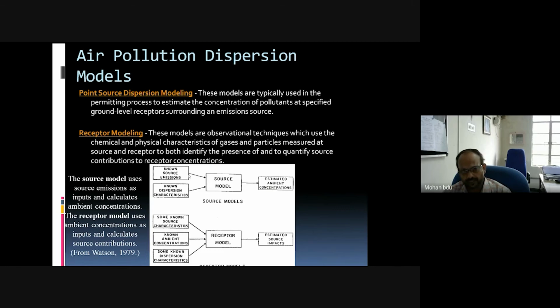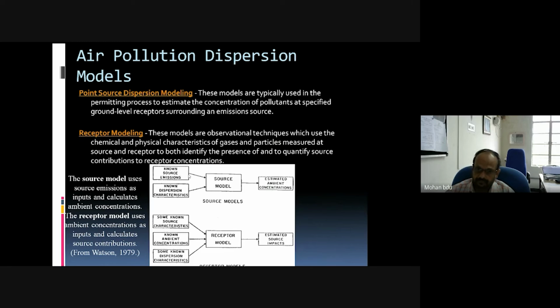And there is also another model which is being widely used. There is the receptor modeling. These models are mostly used in EIA. These models try to use the observations that are made using air pollution capture devices or air monitoring instruments.